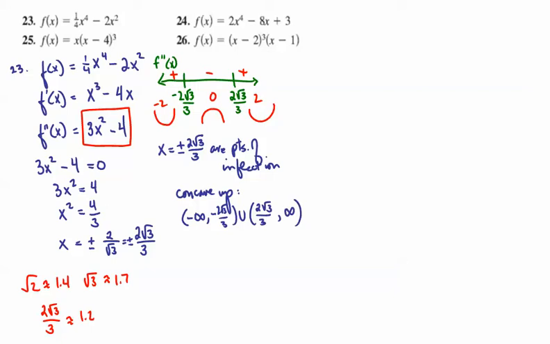Concave down from negative 2 root 3 over 3 to positive 2 root 3 over 3. And that'll do it for that one.